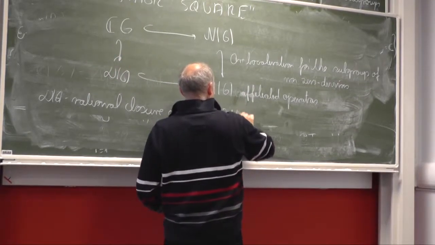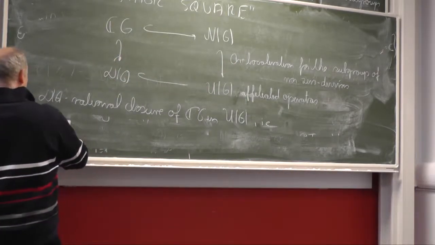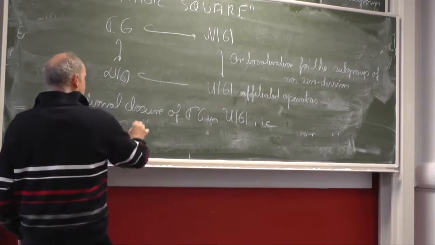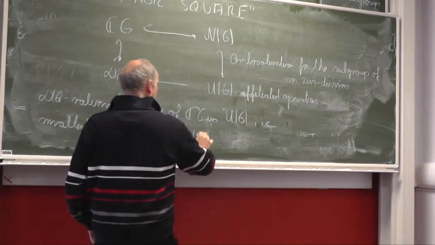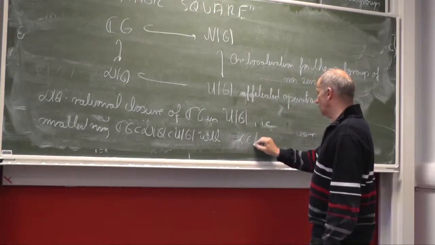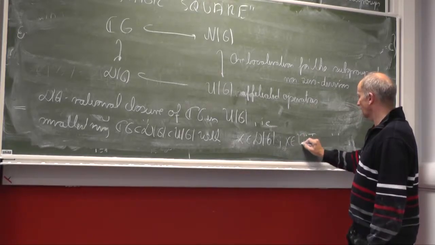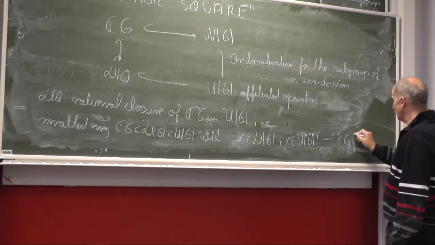In the von Neumann algebra, this UG, what is this? This is the smallest ring. It sits between CG and UG. It has the following property. If you have an element in DG which is invertible in the big ring, then it's already invertible in the ring itself.